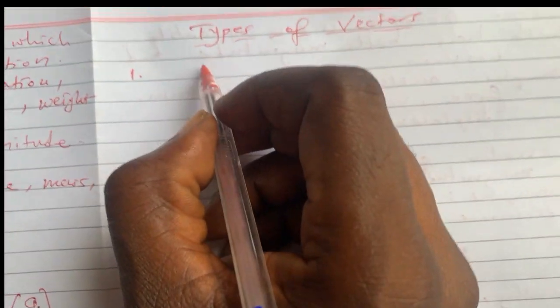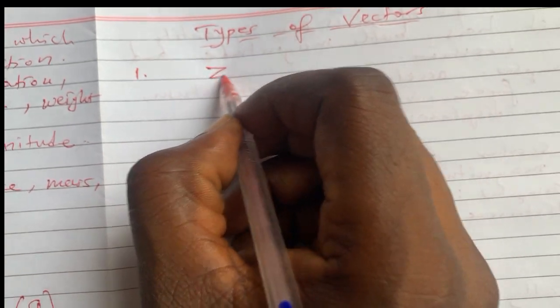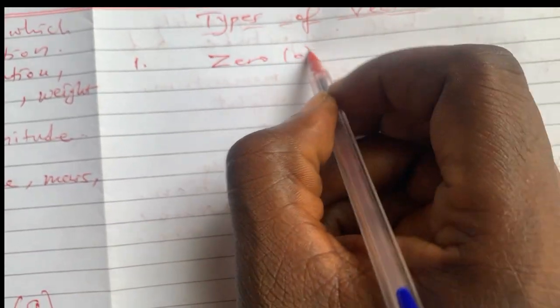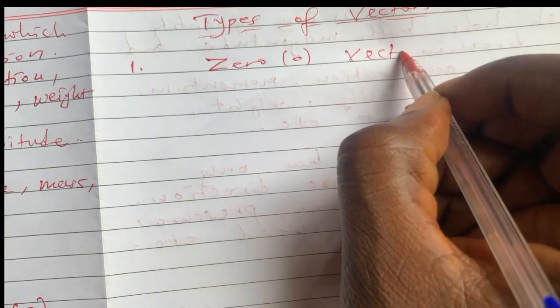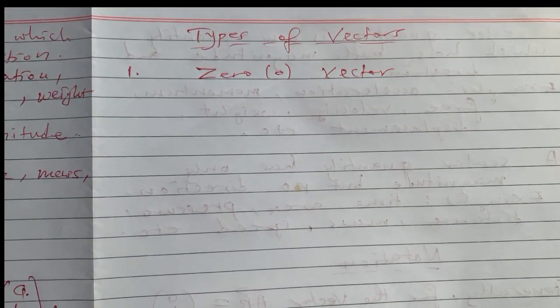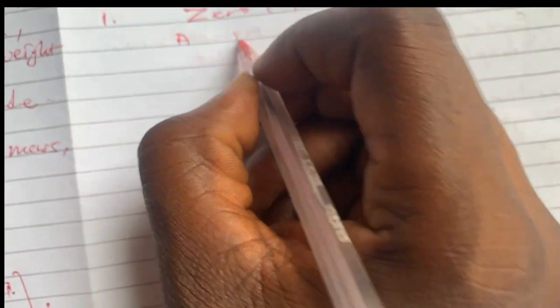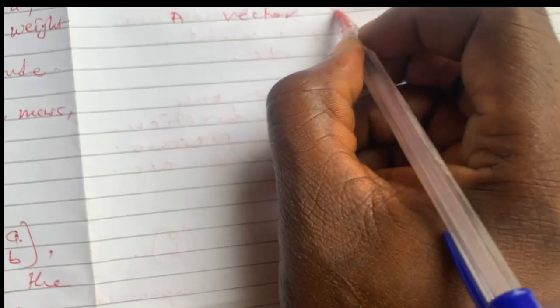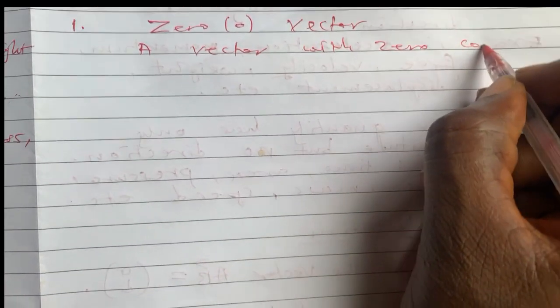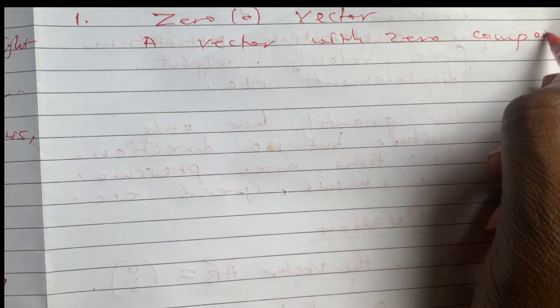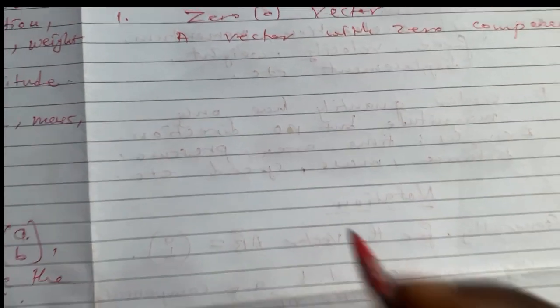We have, one, the zero vector. The zero vector is a vector with zero components.